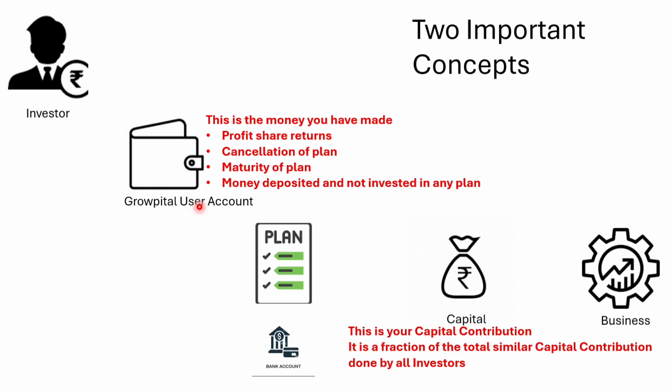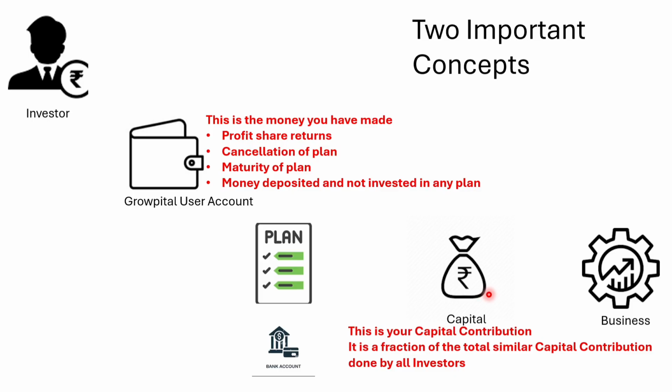This is an important concept of what I call the Growpital user account, which reflects the amount of money which you can take out of the system. And the second important concept is this concept of capital. So when you invest in a plan, you're not the only one investing in that plan. Several investors would be investing in that plan, and therefore what you invest is what I call your capital contribution of the total amount of capital by all the investors present over here.